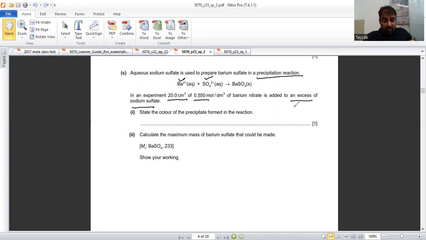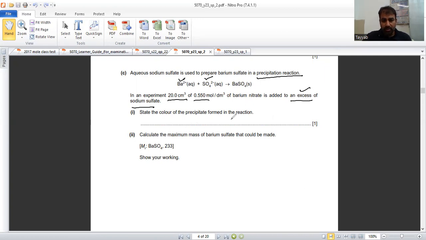In the previous question, he gave the information of both reactants, but in this question the information of one reactant is given and the other reactant is in excess. If the second reactant is in excess, there is no need to calculate the limiting reagent.